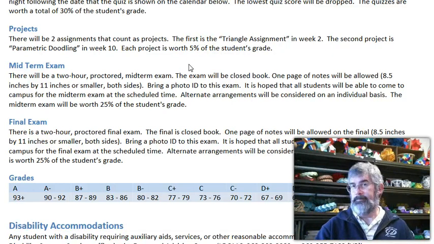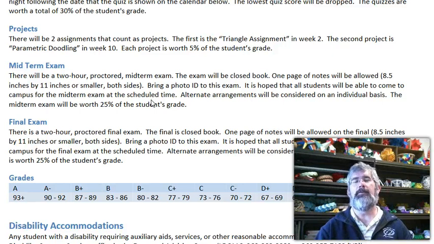Some time ago, the math department set a policy that our online classes had to have a proctored portion of the grading system. It had to be like 50% of the grade or something like that. I don't remember what the number is. So what I do is I have 2 exams, a midterm and a final, which I will invite you to come to campus for.